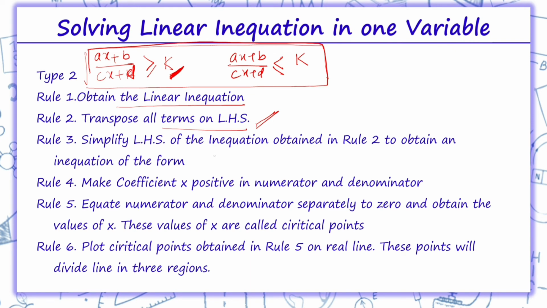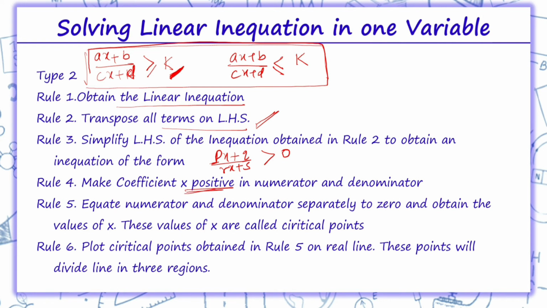It should come in the form px plus q upon rx plus s greater than 0, or greater than or equal to 0, or less than 0, or less than or equal to 0. Then, if the coefficient of x is negative, we will make it positive in both numerator and denominator.